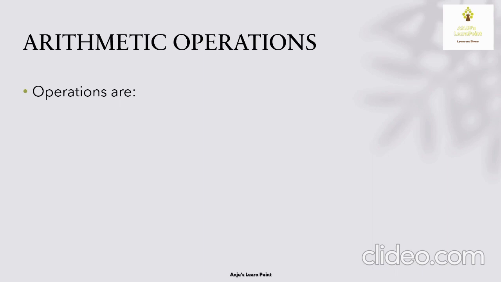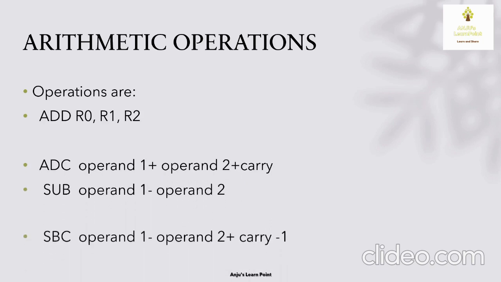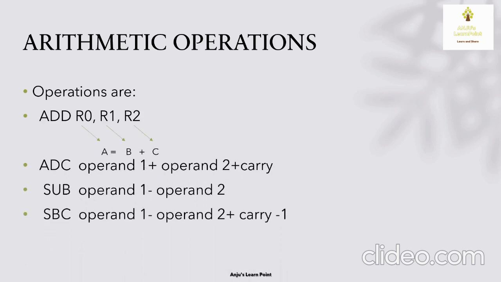So we'll see some basic arithmetic operations. First example is ADD R0, R1, R2. When we look at the addition operation, it is similar to performing A equals B plus C. From this we can understand that R0 is our destination register, and R1 and R2 are the source registers.